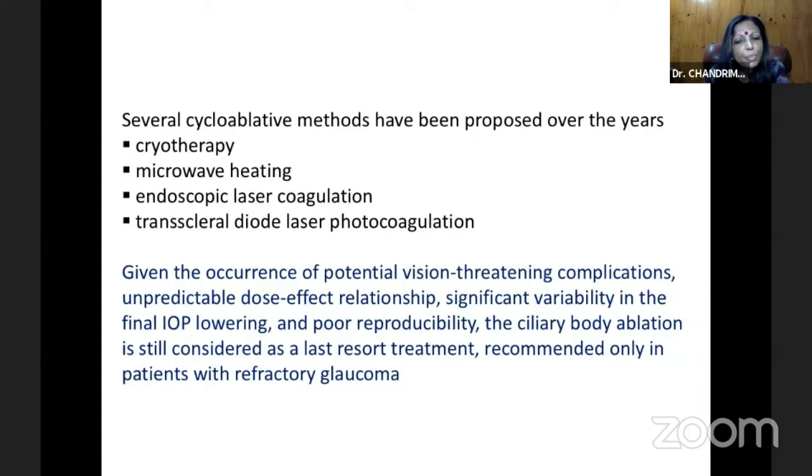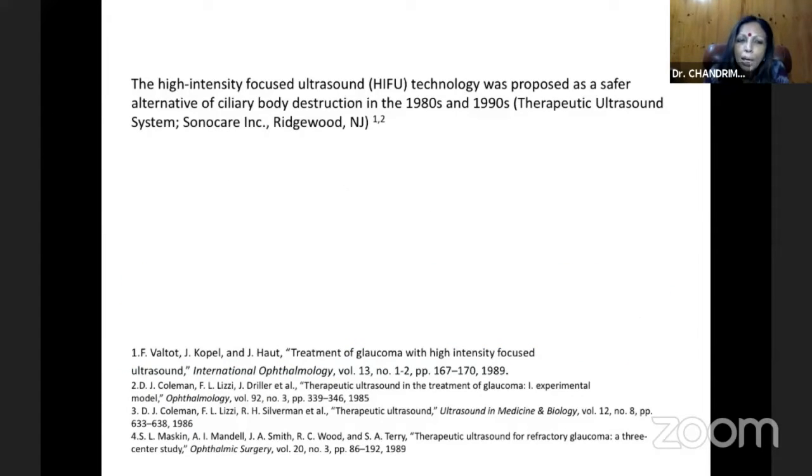And given the occurrence of potential vision-threatening complications, unpredictable dose-effect relationships, significant variability in the final IOP lowering, and poor reproducibility, ciliary body ablation is still considered a last resort treatment, recommended only in patients with refractory glaucoma.